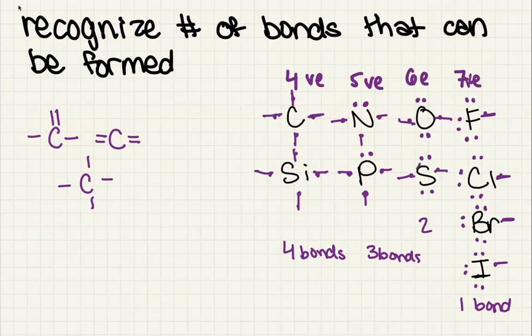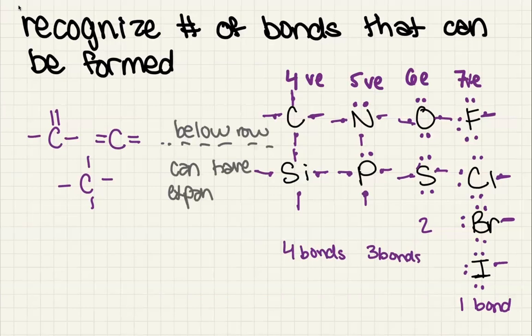One other thing to note is that although we're most commonly going to see these forming these 2 bonds and 3 bonds and 4 bonds, when we're dealing with things that are below this row, we're going to be able to have an expanded octet. So basically what this means is we're going to be able to form more than just those 4 bonds.